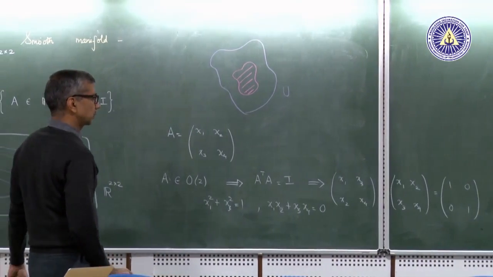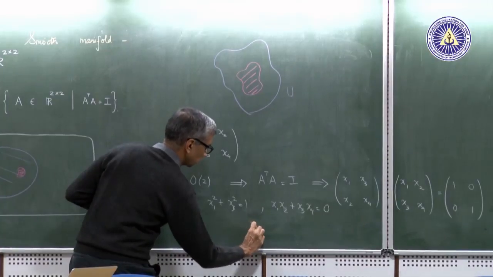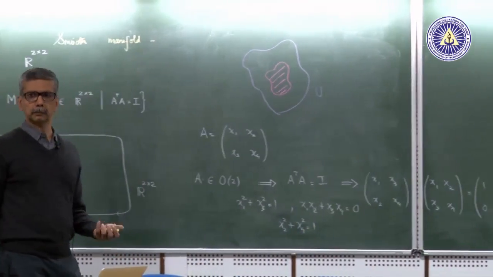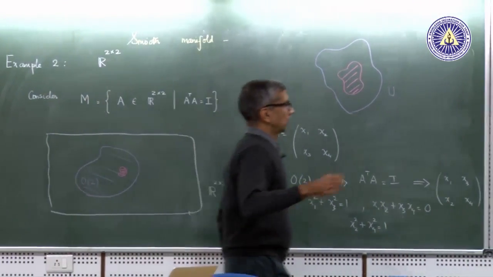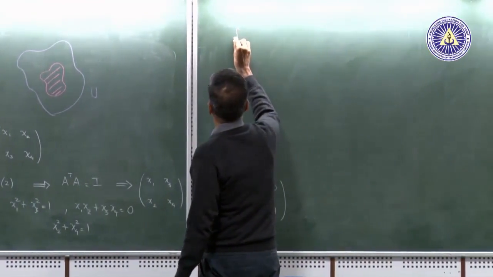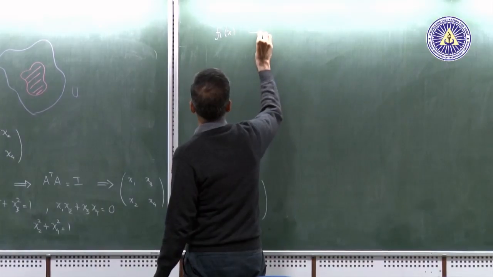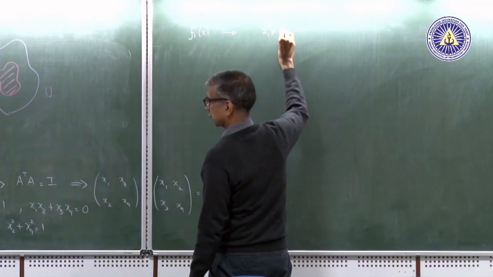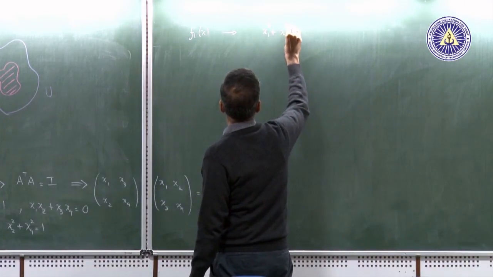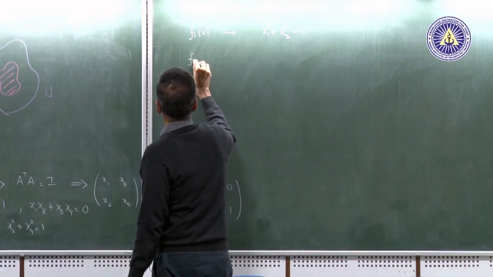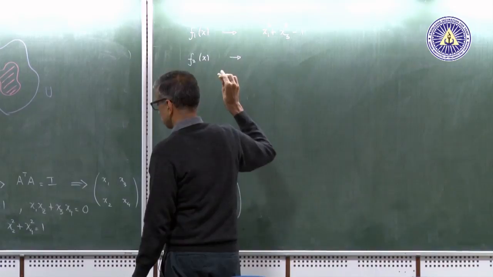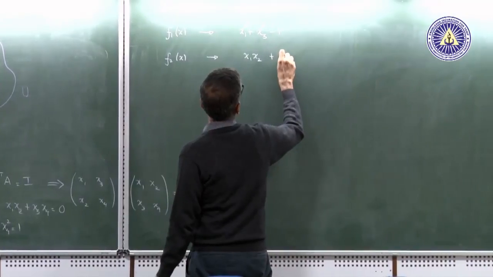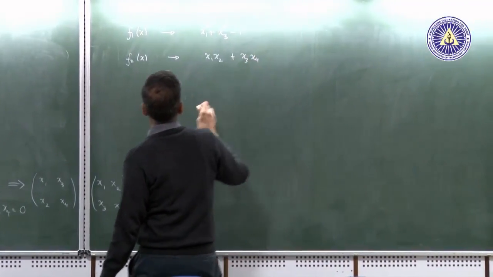Then x2 squared plus x4 squared is 1. Does everybody see this? So I will call f1(x) as x1 squared plus x3 squared minus 1, f2(x) as x1 x2 plus x3 x4.